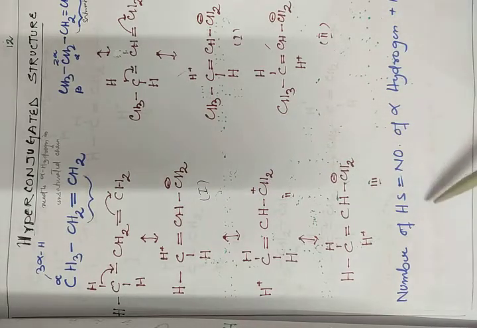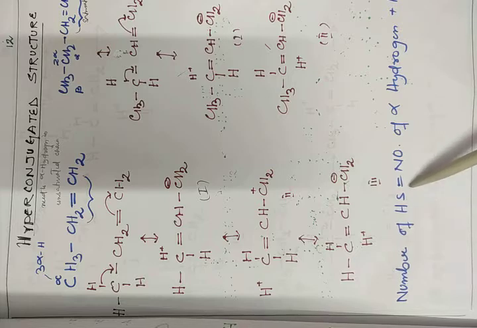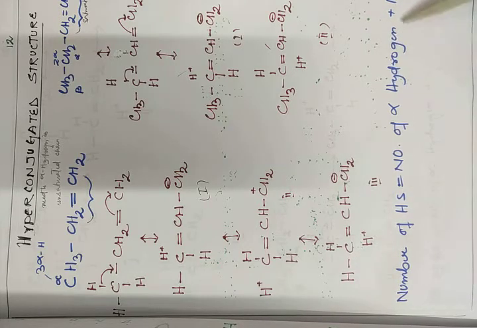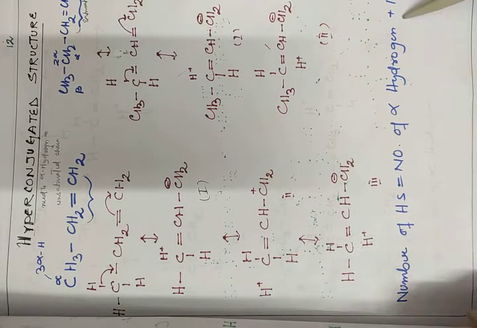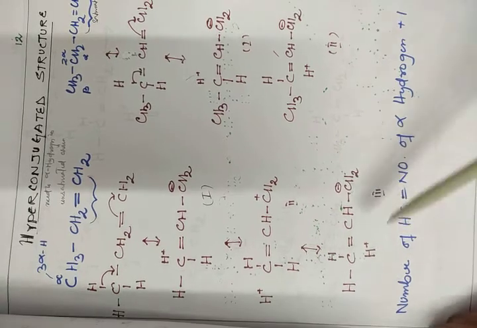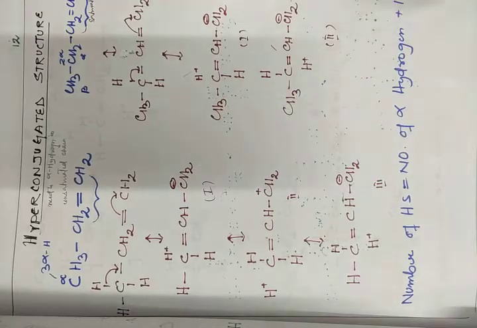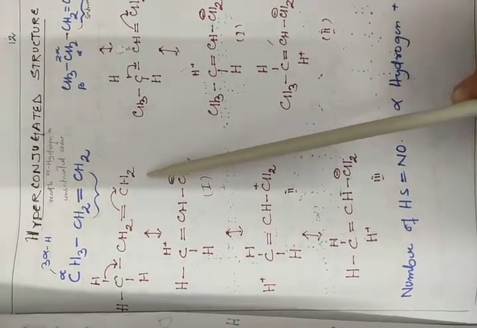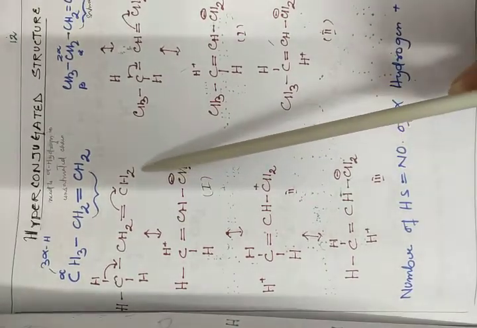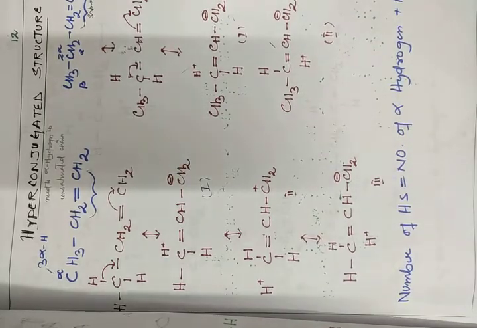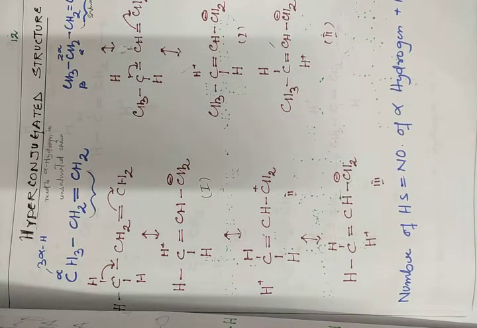So 4 hyperconjugations will be there. That means the number of hyperconjugation structures is equal to the number of alpha hydrogens. So here 1 2 3, that we have to add with this alpha hydrogen, so it will come as 4 hyperconjugation.